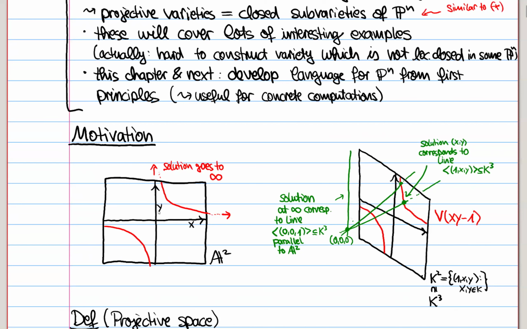We can make x very small, y very big, and the solution goes essentially to infinity. That means, for example, in this case, that the solution set is not compact. Of course, we can have a sequence on this set which converges to infinity, but infinity is not really contained in A2, so it doesn't have a limit in the classical topology.